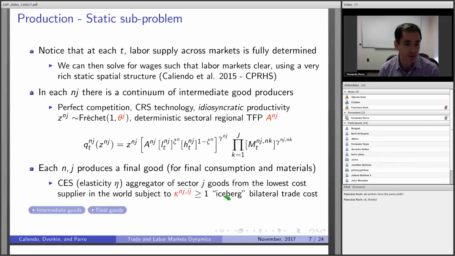So we assume, as in Eaton and Kortum, that in each labor market there is a continuum of intermediate goods producers.